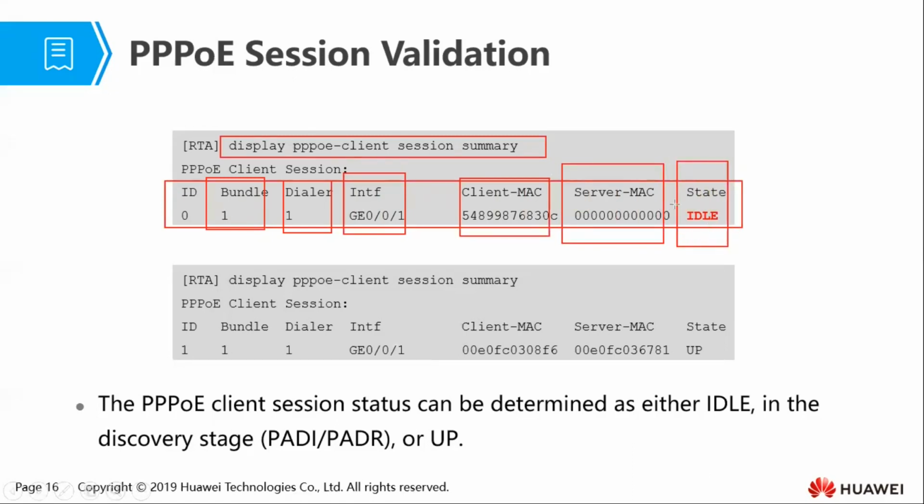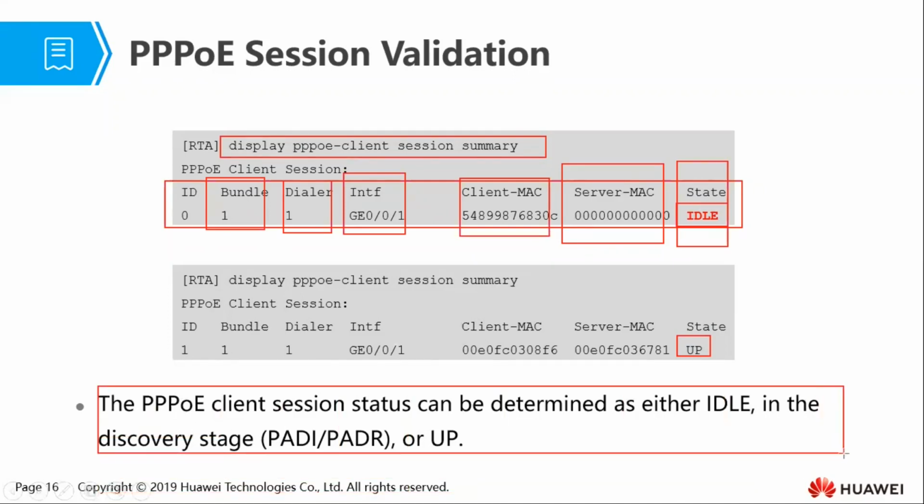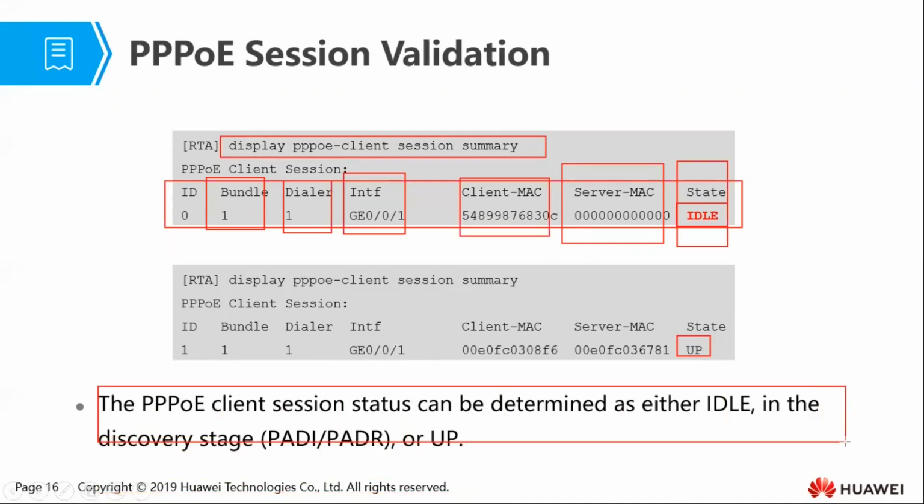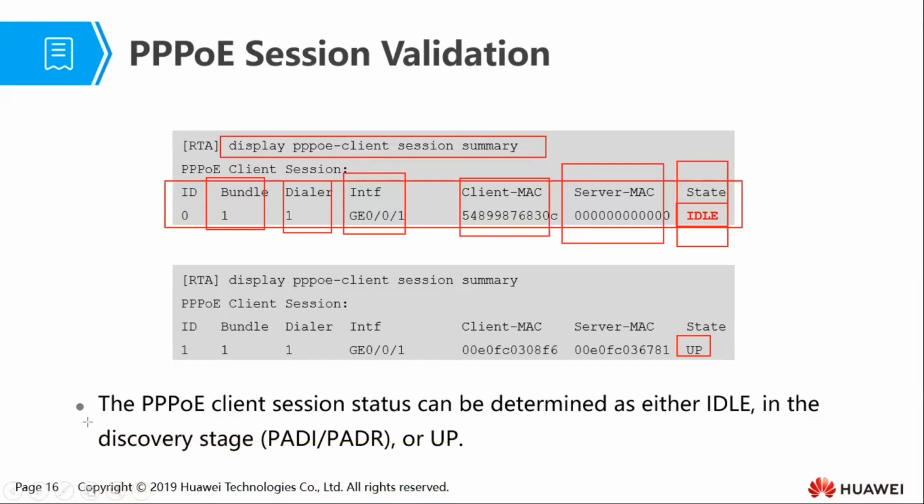The state can be idle or up. The PPPoE client session status is determined as idle at the discovery stage.